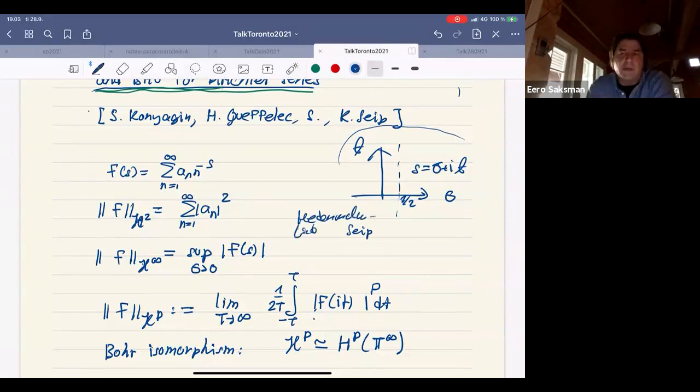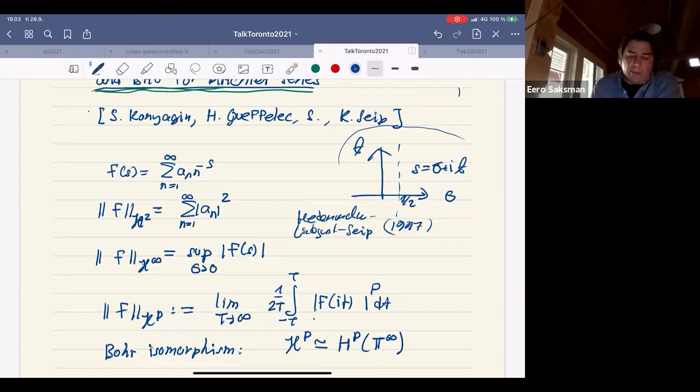It kind of turned out that it had started a systematic study of these spaces, and the norm in this space is defined in a very simple way. So it is just the square sum of the coefficients.